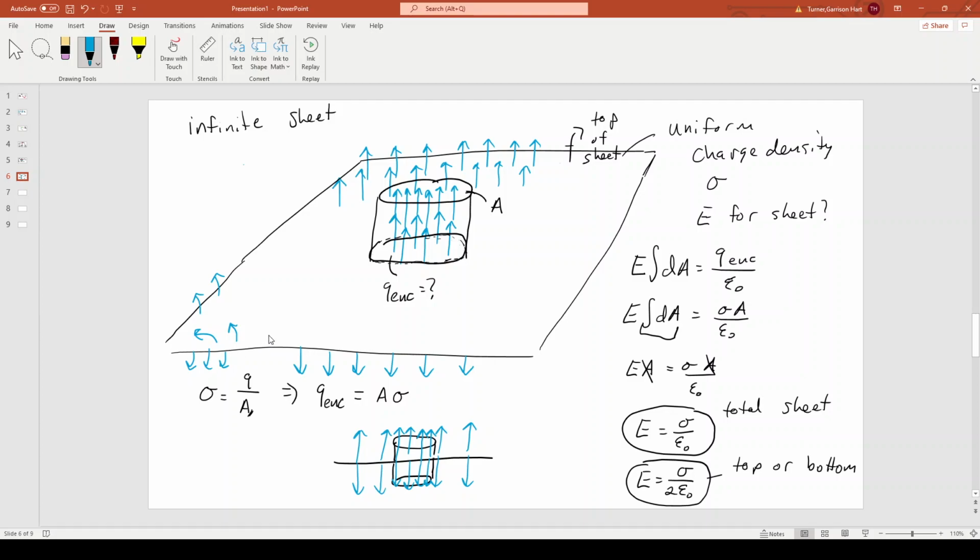So near the edges, we would get what we call fringe effects, right? And Gauss's law, when you do the symmetric calculations, those fringe effects make things really, really difficult. So that's another reason why we try to focus on the infinite cases or the really highly symmetric cases. We don't like those fringe effects.